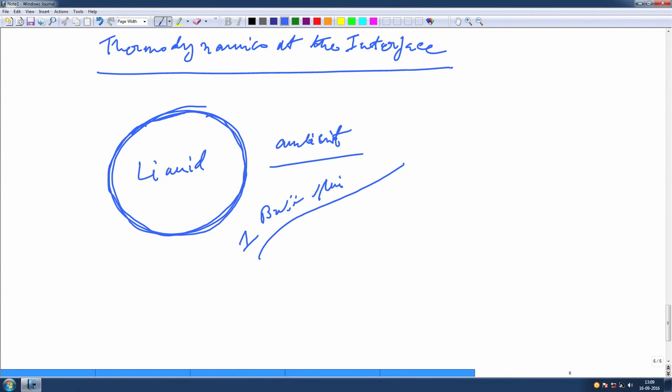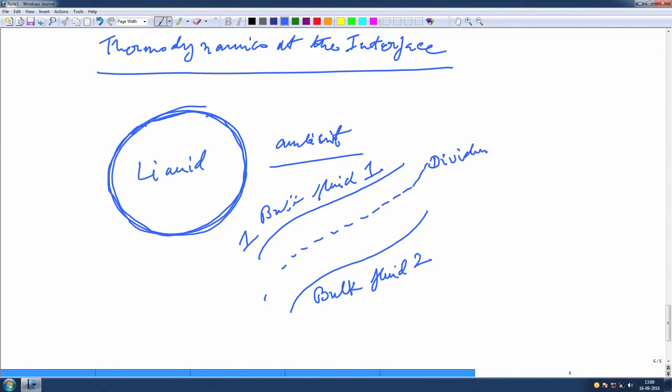This is bulk fluid 1, this is bulk fluid 2, and the interface is a dividing surface, an arbitrary function, whatever you call it, and that interface is denoted by something like an I. The two bulk fluids can be liquid-vapor, solid-vapor, whatever you can think of, and they are separated by an interfacial region.